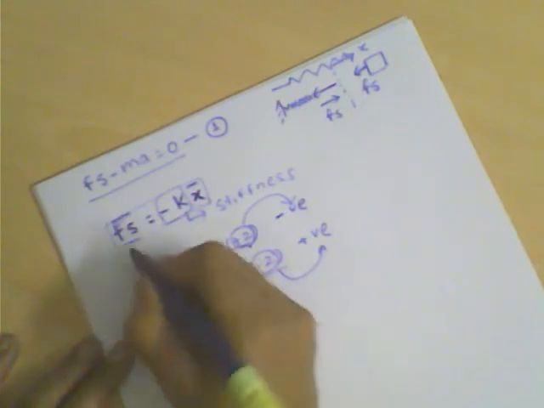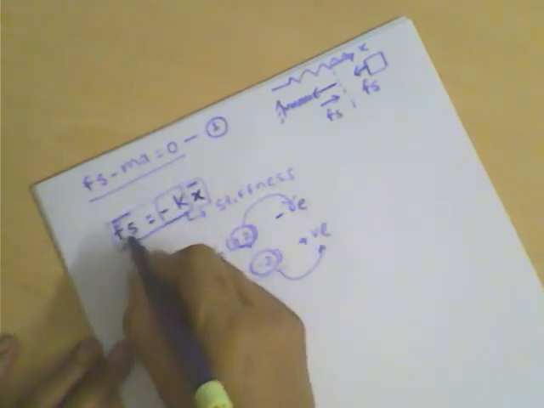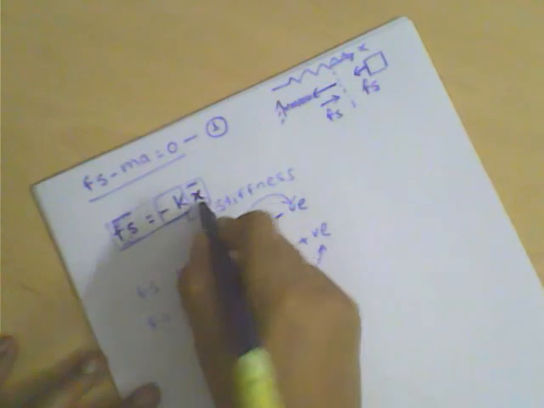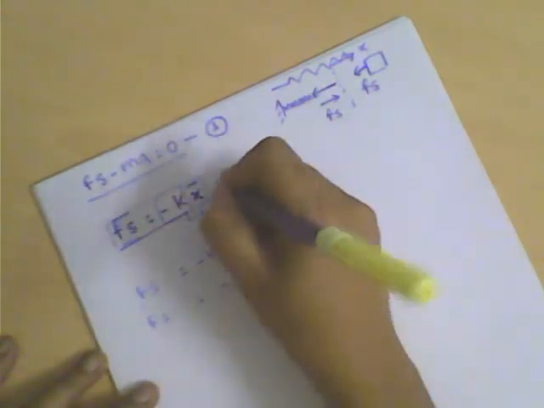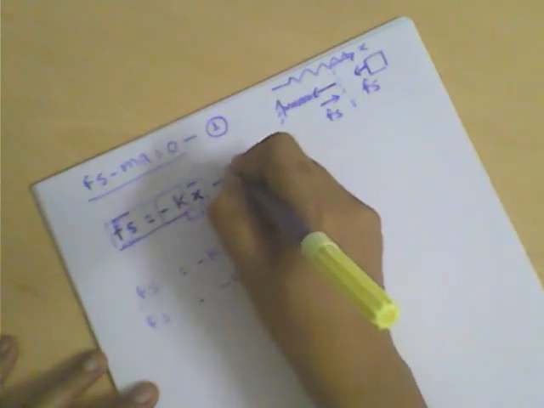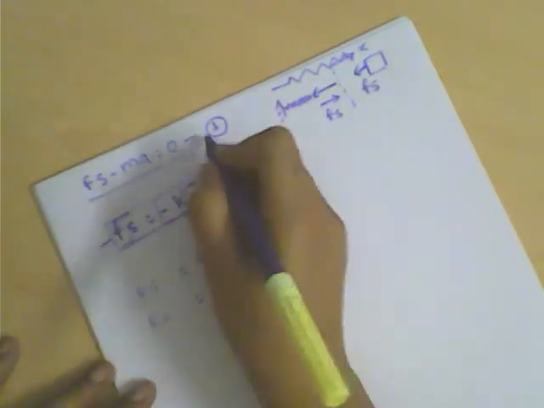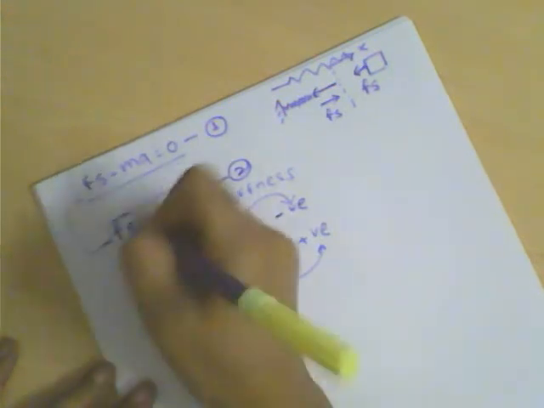So this is the equation governing the relationship between Fs and x. We already know the relationship between Fs and a. Let me name this equation number 2. We'll be putting equation 2 in equation 1, replacing Fs.